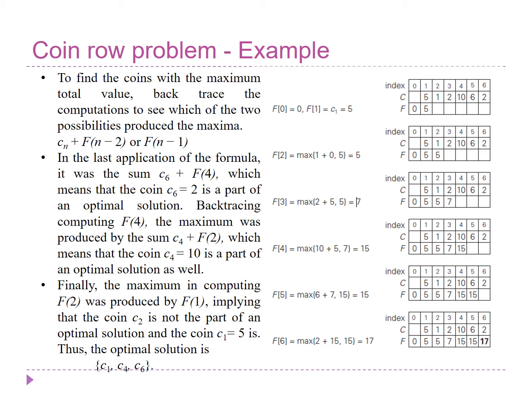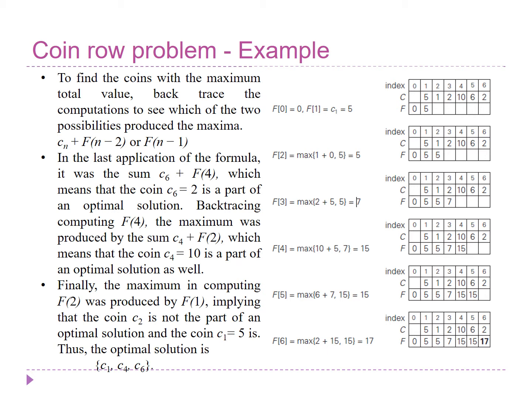The 2 possibilities are c suffix n plus f of n minus 2 or f of n minus 1, where the function f represents the maximum total value in the coin-row problem. In the first iteration, considering f of 0 equals 0, f of 1 equals c suffix 1, which equals 5.